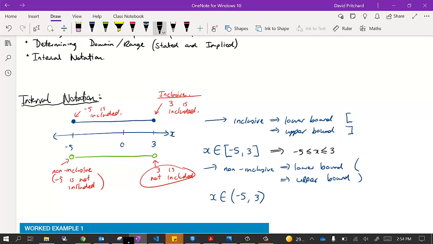The equals is part of this statement for inclusive, whereas in the non-inclusive case we would have -5 is less than x is less than 3. There is no equals there. So inclusive means less than or equals, and non-inclusive means just a less than or greater than sign.